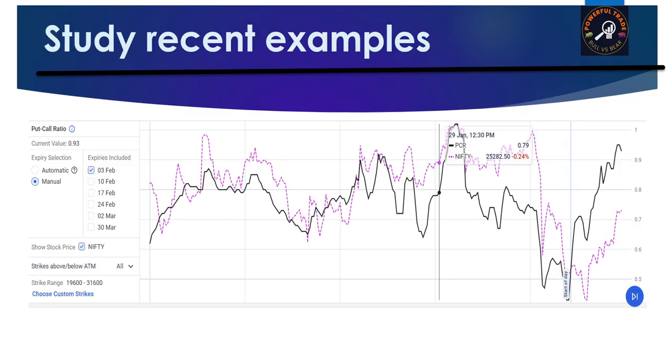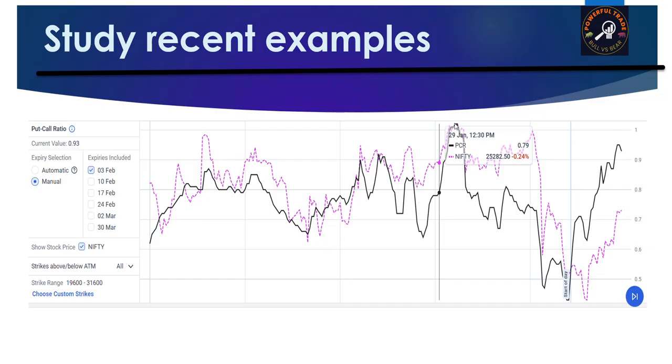Now coming to the next, I have shown one sample here. If you look at the PCR, this is the recent one which I am showing. This is the expiry I have selected, the third expiry, which is tomorrow. This is the place where we made a top.